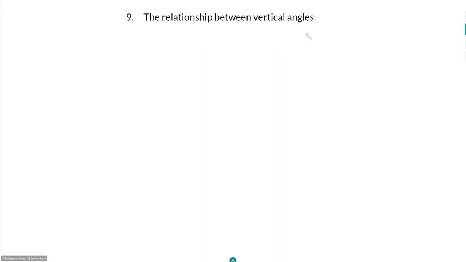Relationship between vertical angles. So we talked about those a second ago. Vertical angles are just the angles formed when you have 2 lines that crisscross each other. The angles that are across from each other are called vertical angles. And so I say this measures A degrees. This angle here, these 2 angles are vertical angles, and therefore they are equal to each other. These are also vertical angles that are equal to each other.